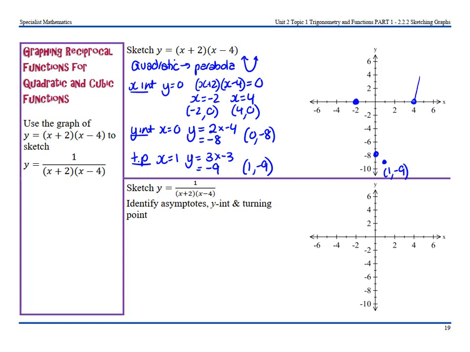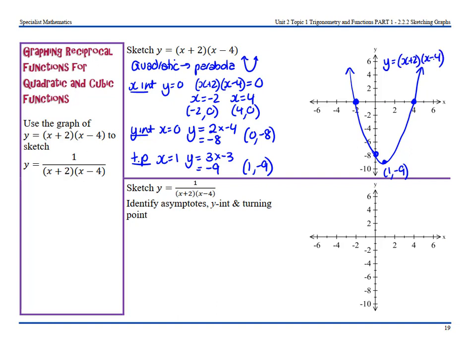So join the dots. It's not going to look very good. There you go. So that's y equals x plus 2, x minus 4.